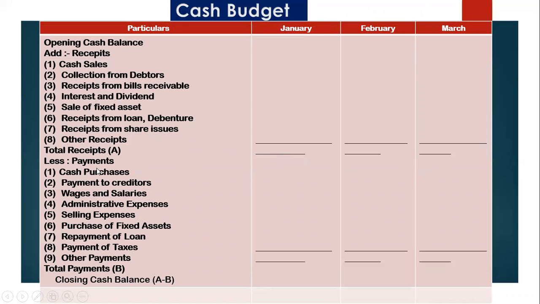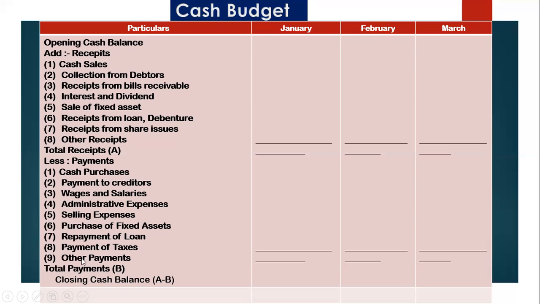Then we list payments. Payments can be cash purchases, payment to creditors, wages and salaries, administrative expenses, selling expenses, purchase of fixed assets, repayment of loan, payment of taxes, other payments.